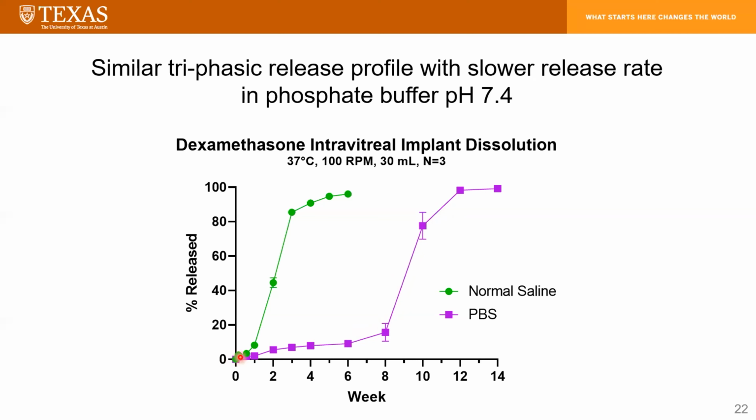So basically, it literally extends out the drug release compared with normal saline. In the phosphate buffer, release is much slower because you have this buffering effect, and PLGA hydrolysis slows down significantly at pH 7.4. That's why drug release is extended out.